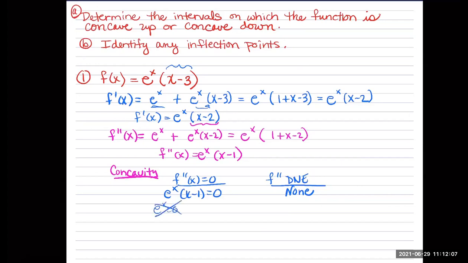E to the x is always positive. So it looks like the only place that this function could possibly change sign is at x equals 1. And as always, please stop me if you have a question. I don't mind at all if you interrupt me.